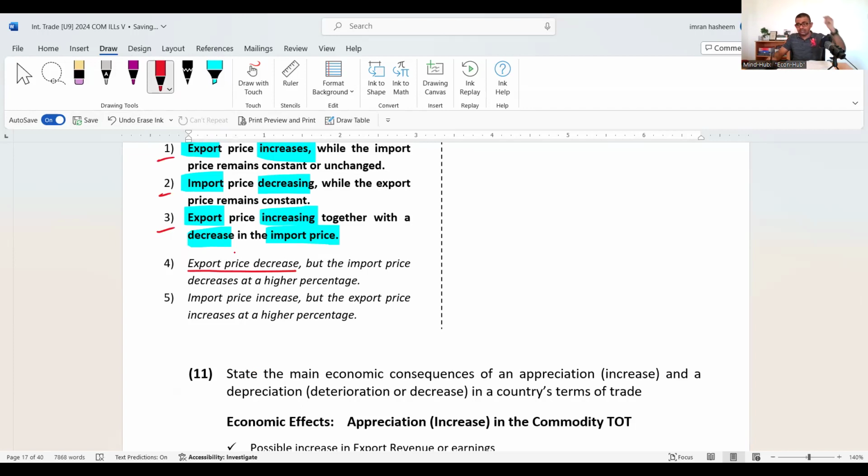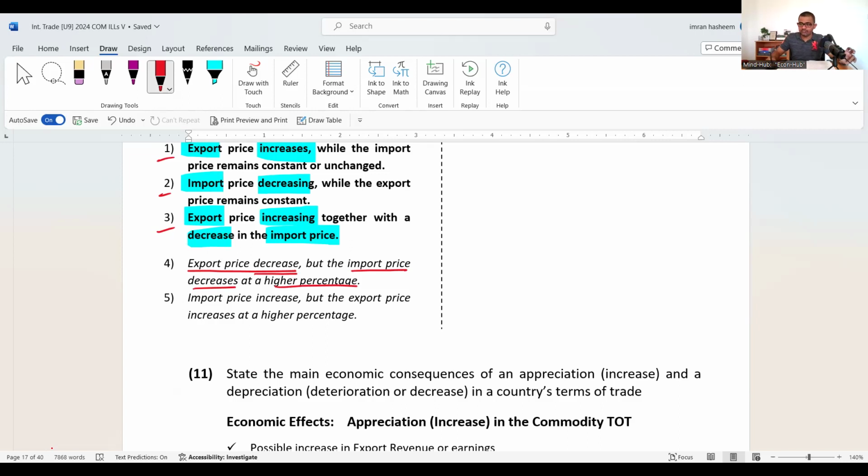Numerator, no. But export prices have decreased. But import prices are decreasing at a higher percentage. Then it works, because export prices decreasing is going to reduce the terms of trade, but if import prices decrease more than export prices, still terms of trade will increase. That's the easiest way to remember these points.